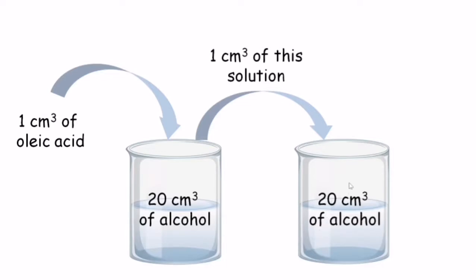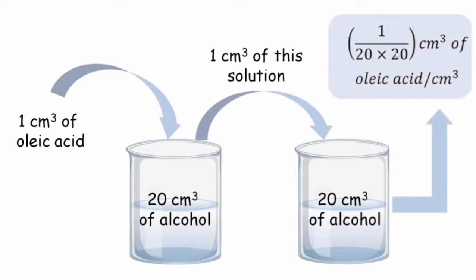So now what I will have is 1 by 20 into 20, that is 1 by 400 centimeter cube of oleic acid per centimeter cube in the final solution. What does this mean? This means that for every 400 centimeter cube of this solution, 1 centimeter cube is oleic acid and 399 centimeter cube is alcohol.